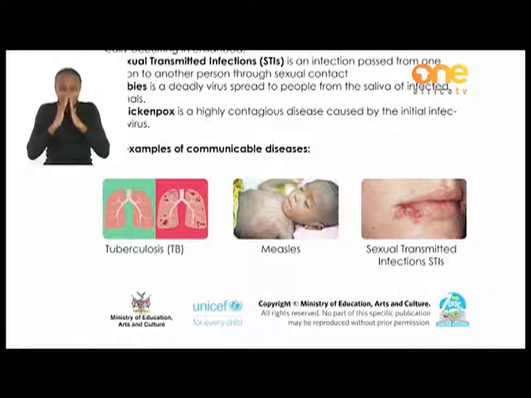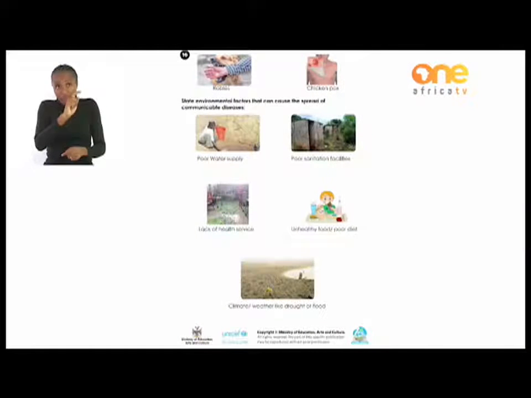Sexually transmitted infections, which is STIs. You will not be able to give birth when you grow up, meaning you will be infertile. Let's turn to page 16. Continuing with the communicable diseases, we have rabies.